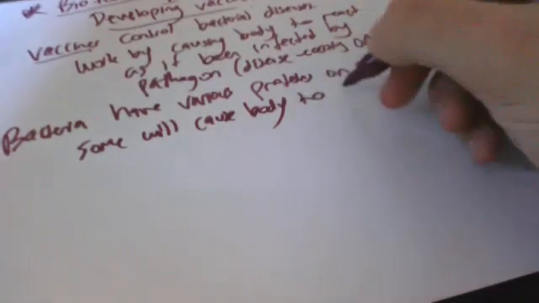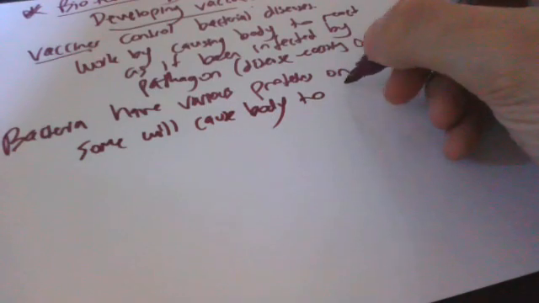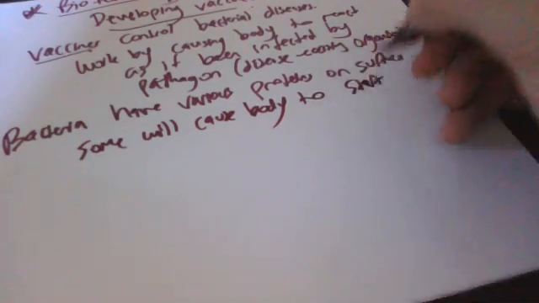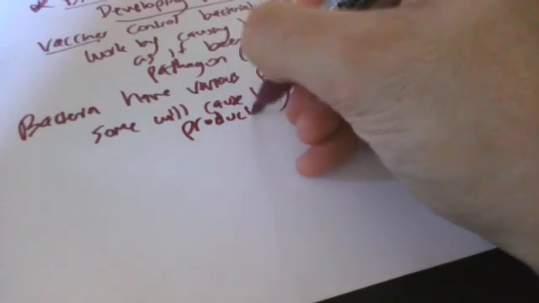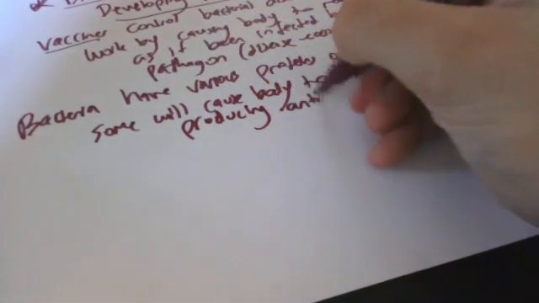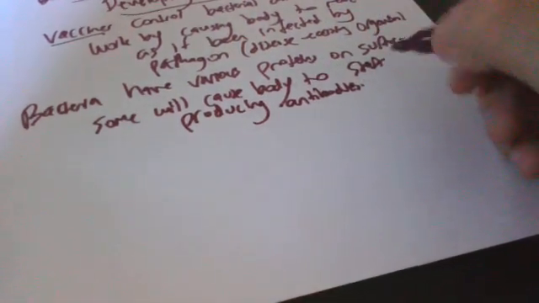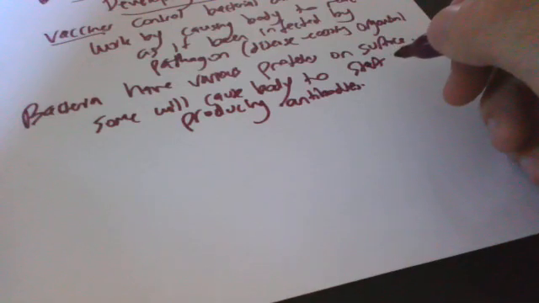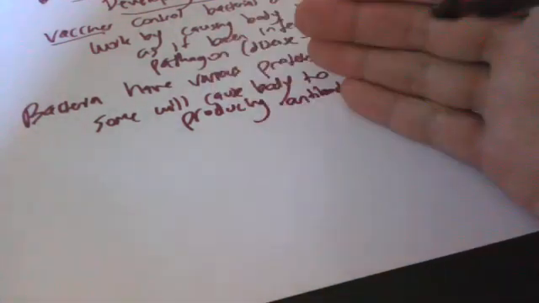Okay, some will cause body to start producing antibodies, okay, to combat the bacterium. Now, potentially a vaccine could be produced using any one of these proteins, right?